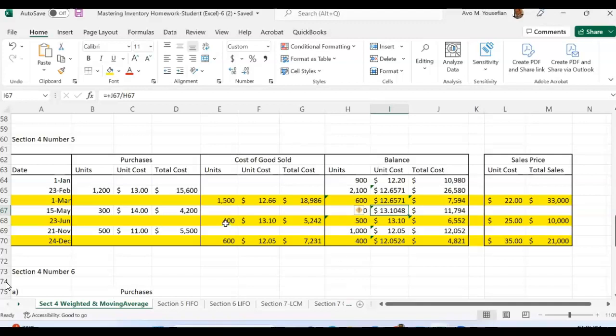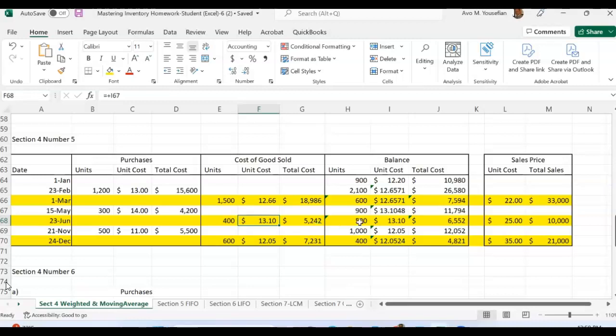Then 400 units are sold at $25. So the sales price is 400 times 25. What is the cost of goods sold? The cost of goods sold is 400 times the average cost of 13.10. So 400 times the average cost of 13.10 gives us $5,242 cost of goods sold.